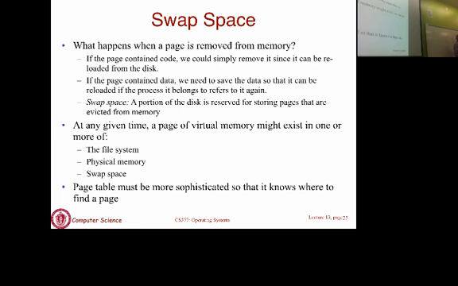So when you bring it in, some of these pages are those code pages. If you put that back, then you have two copies, one in swap space, one in the file system. So one optimization you can perform is that pages of the code segment of a process you do not need to keep in swap space. You can simply bring them from the file system when you need to. Is that clear?